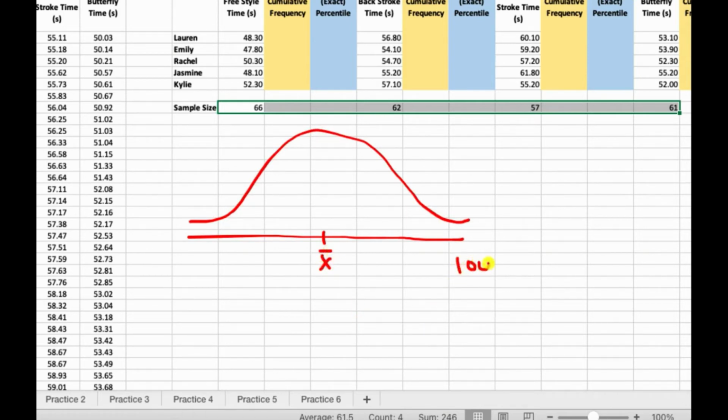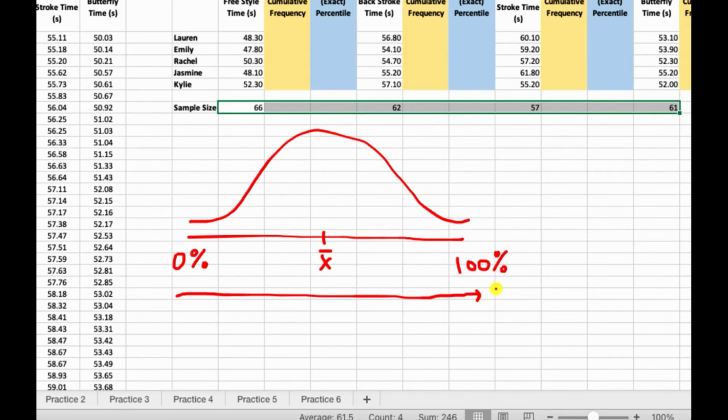On this side of the distribution, we have the 100th percentile. And on this side, we have the 0th percentile. As we move through our distribution, our scores go from worse down here all the way to our best scores up at the 100th percentile.